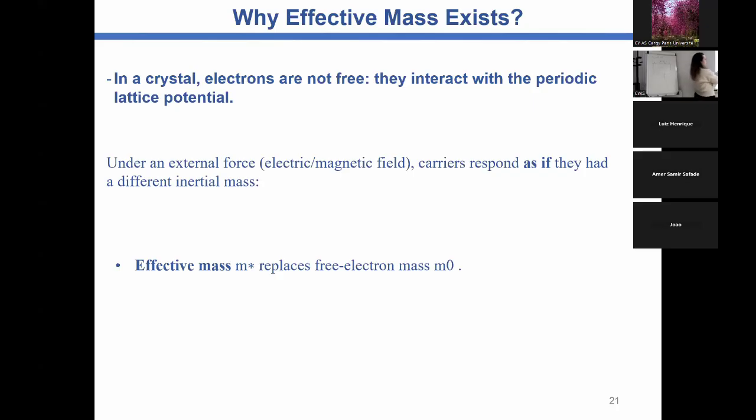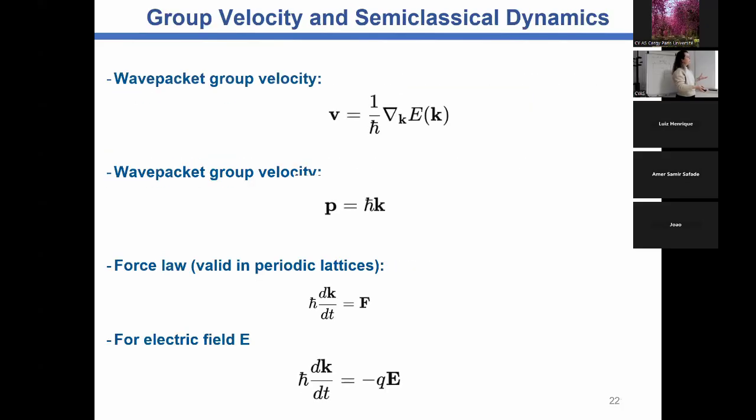So we no longer have free particles, but they are inside the material. They depend directly on the material's properties, and it will affect the charge, the mobility, and also the performance of devices.